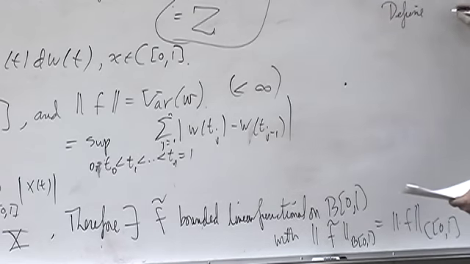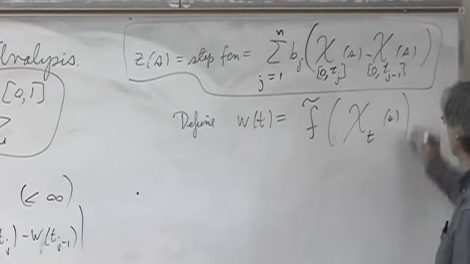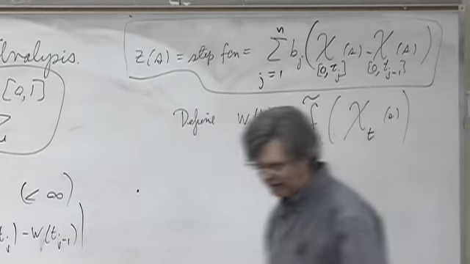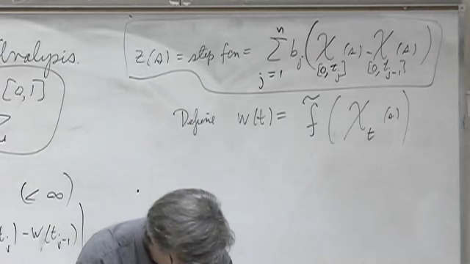Define w of t. I'm just going to go ahead and define what my w is supposed to be. It's going to be f tilde of chi sub t. Chi sub t is an indicator function of s. And I think I got that right. But we'll just check through the proof.